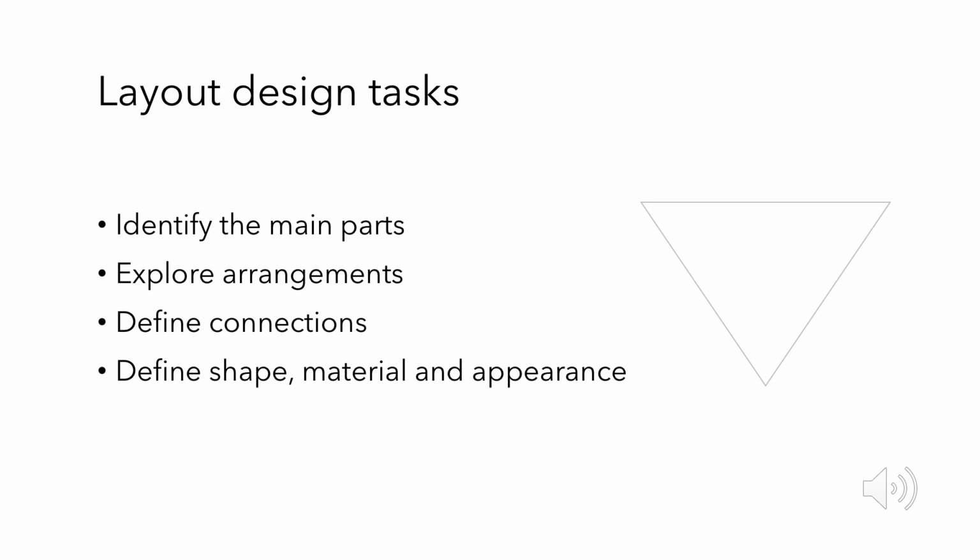But then you start honing down. You decide the arrangement that you want, and you start defining what the connections are going to be. And then you hone down even more to really lock down what the shape is going to be, what materials you're going to use, and how it's going to look overall. So this is yet another part of the divergence and convergence that takes place in the design process.